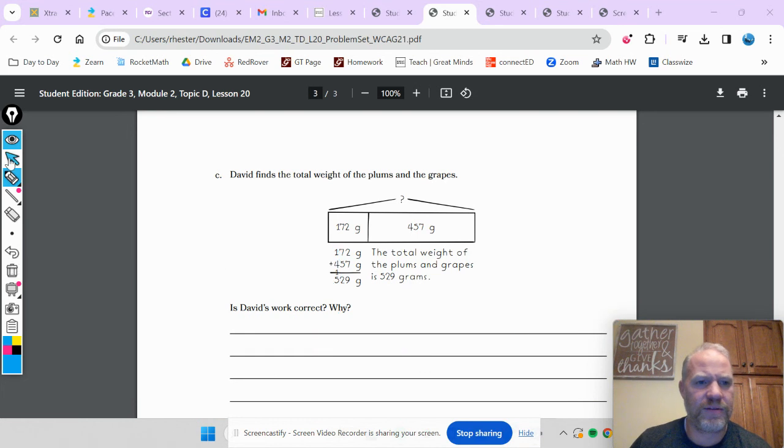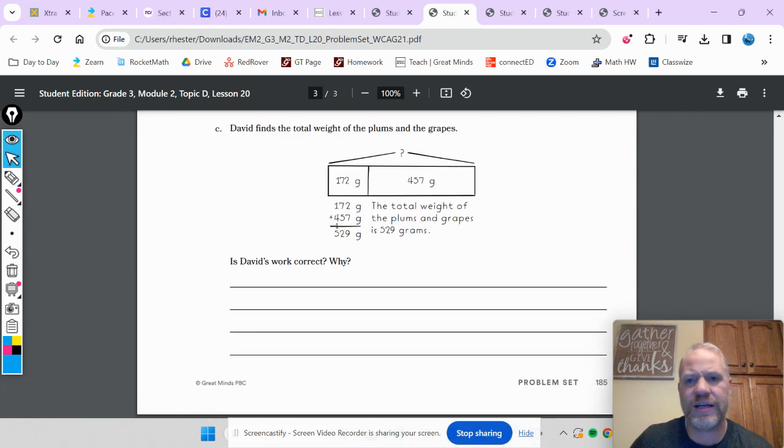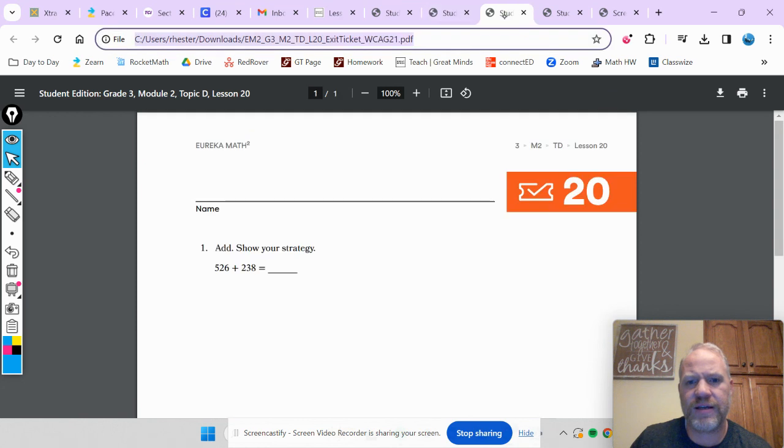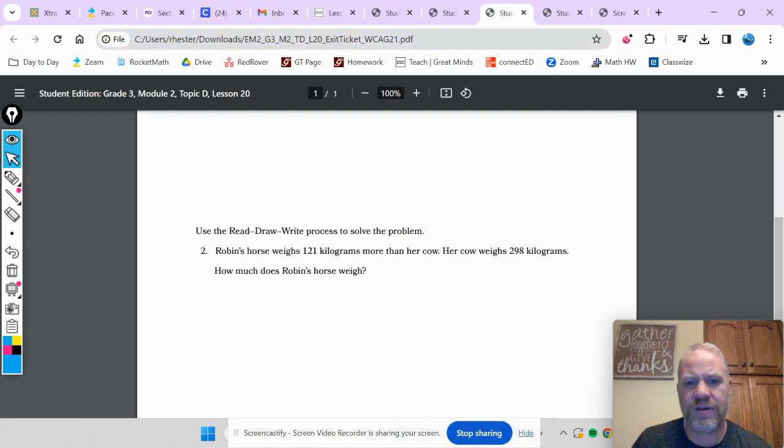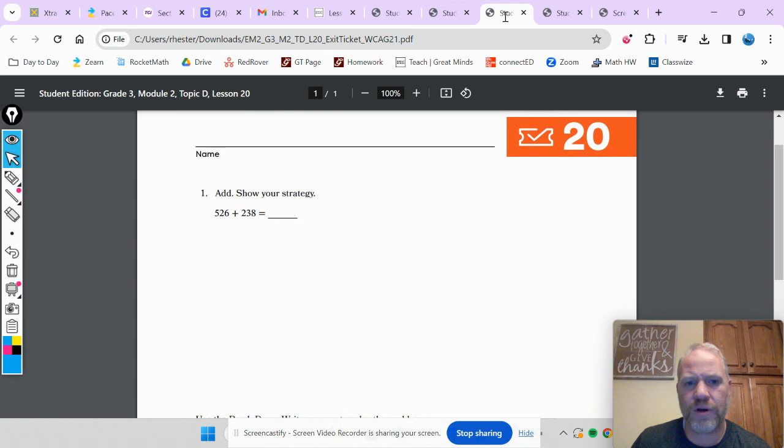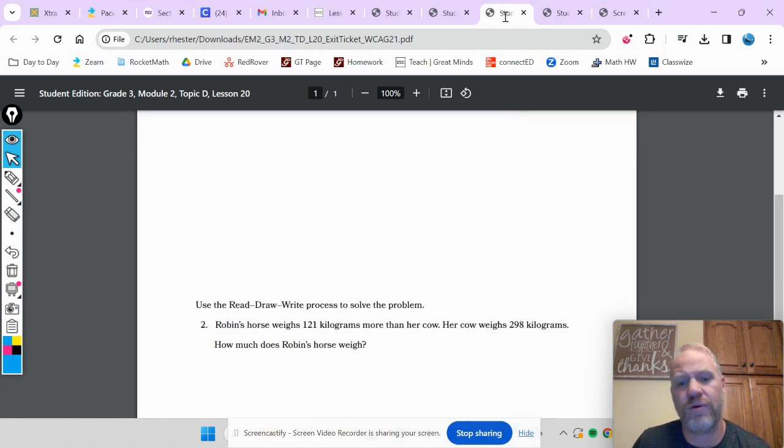All right. At this time, you're moving on to your exit ticket. Your exit ticket is on page 187. You want to make sure you are showing your strategy. So whether you're doing like David did on the last page, standard algorithm, or you're drawing it out, or doing both, that's wonderful.